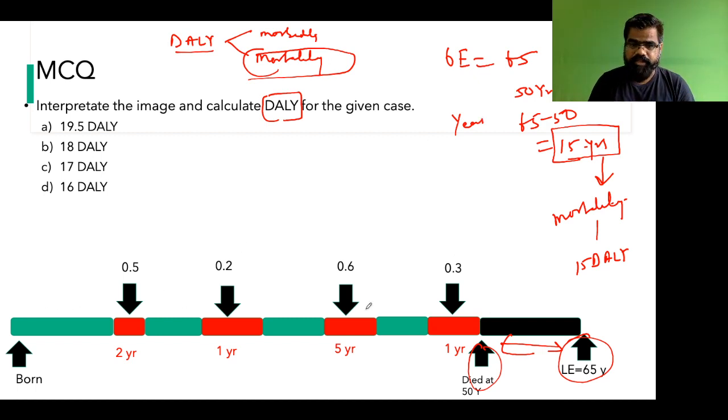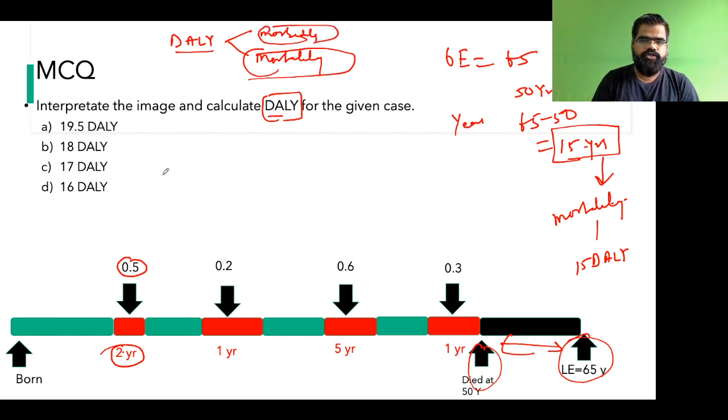When he was alive, there were certain episodes where he was sick, he was disabled, he was not able to perform his routine activities. If you see the red bars, for 2 years he was disabled and the disability weight given was 0.5 here. So when you calculate the disability adjusted part, or morbidity in totality, 0.5 into 2 years becomes 1.